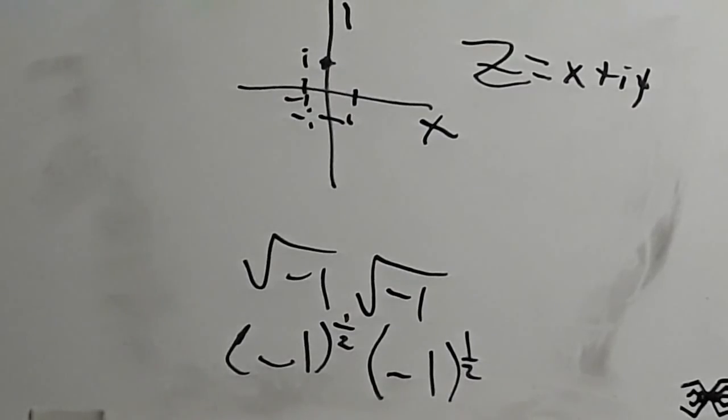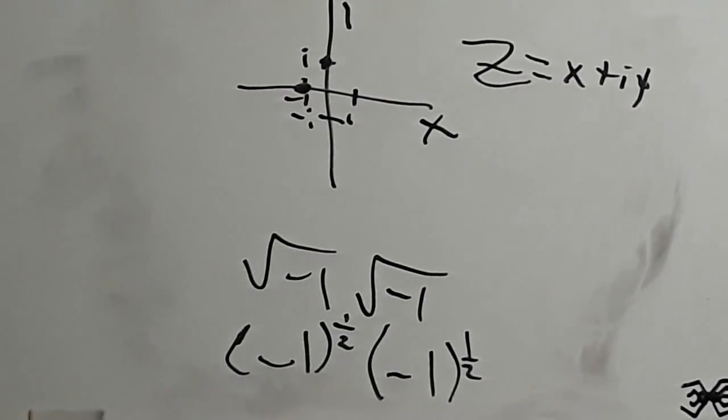So now our i squared goes to here. Let's just add another number to the exponent, so 2 plus 1. What is the square root of negative 1 cubed? Well, let's see.